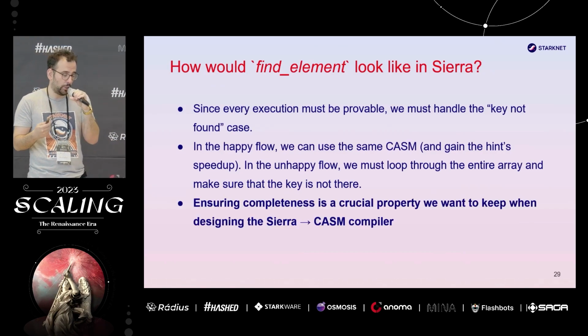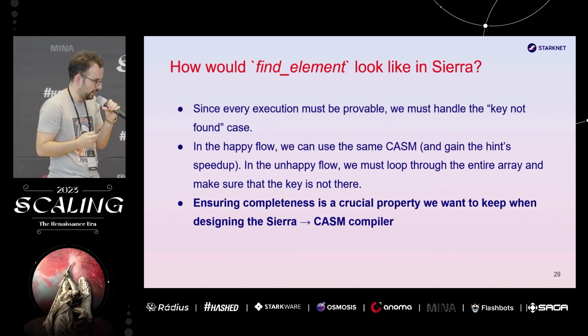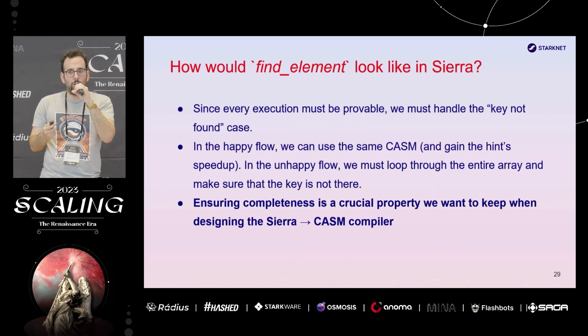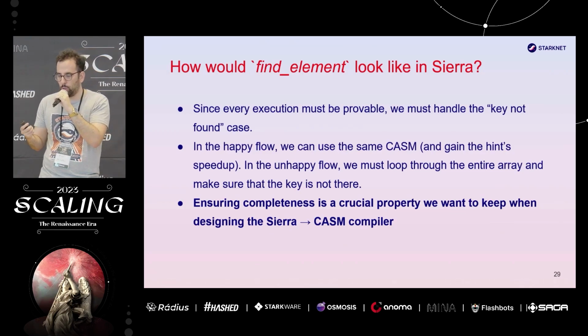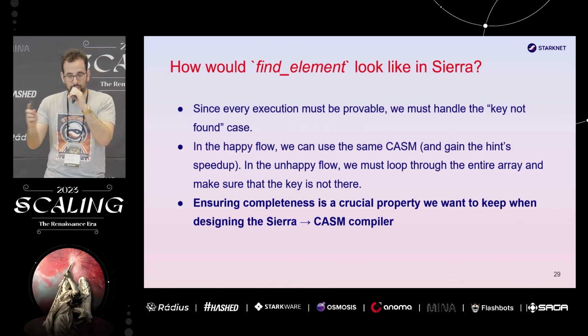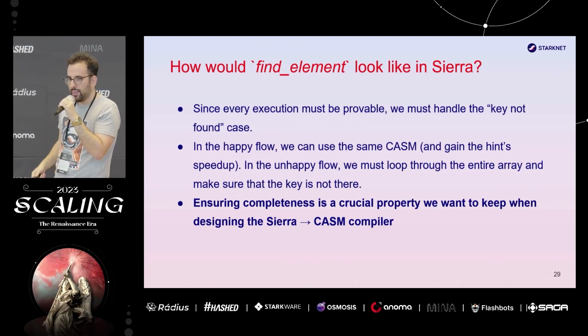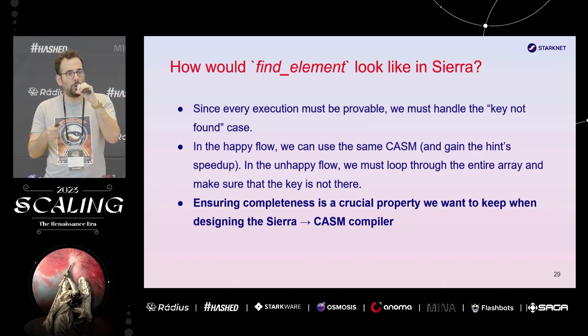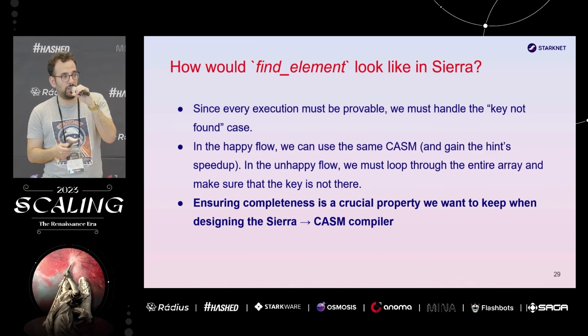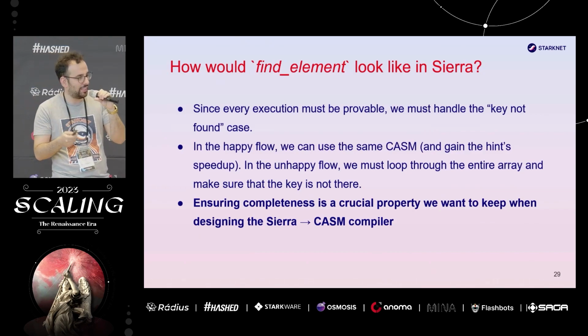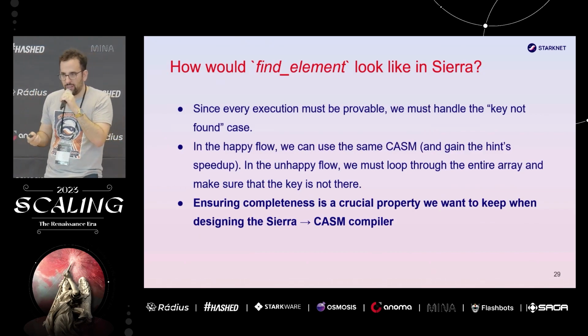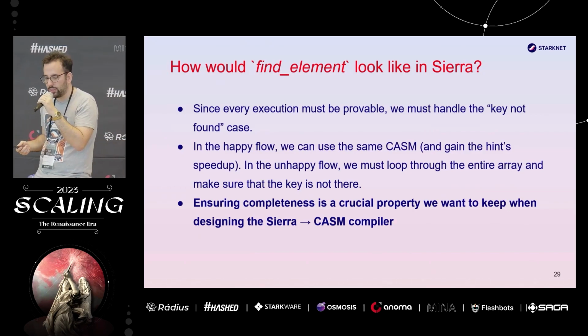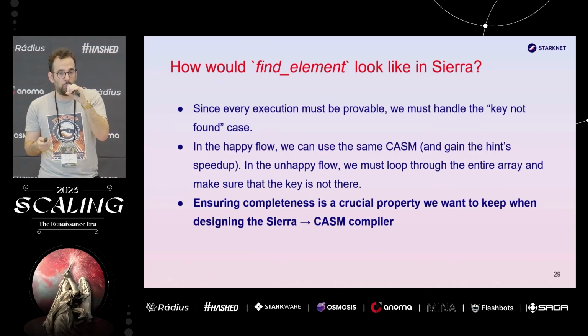And this is actually the key idea behind Sierra. As long as the compiler does its job correctly, the compiler from Sierra to Cairo Assembly, then we can be sure that only safe CASM is generated. And safe in the sense that for every possible set of inputs, the computation is provable.